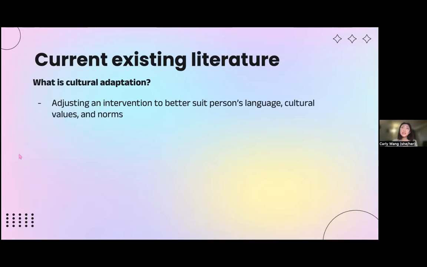And the main idea is that a lot of times these patient education materials would not relate to the patient, and the patient wouldn't take to heart these patient education materials, which is so vital for health. So oftentimes it is really important to adjust the intervention to better relate to the target demographic that you're targeting, the patient that you're trying to give these materials to. Usually that is what cultural adaptation was talked about in terms of the healthcare system.